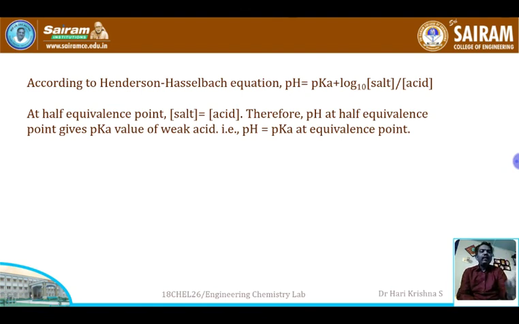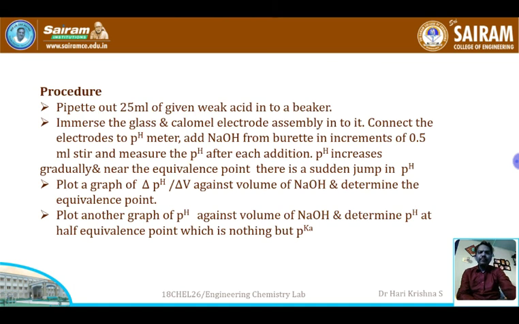When we substitute the concentrations at that time, the concentration of salt and concentration of acid will be equal, so log 1 is 0 and pH will be equal to pKa. So according to the Henderson equation, pH is equal to pKa at the half equivalence point, because the concentration of salt equals the concentration of acid. That is the basic Henderson equation.